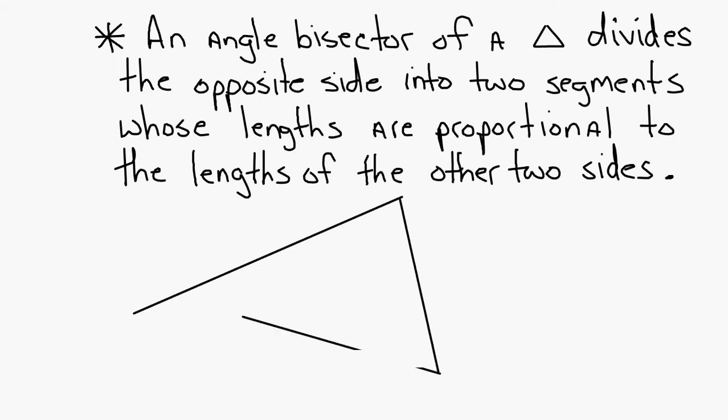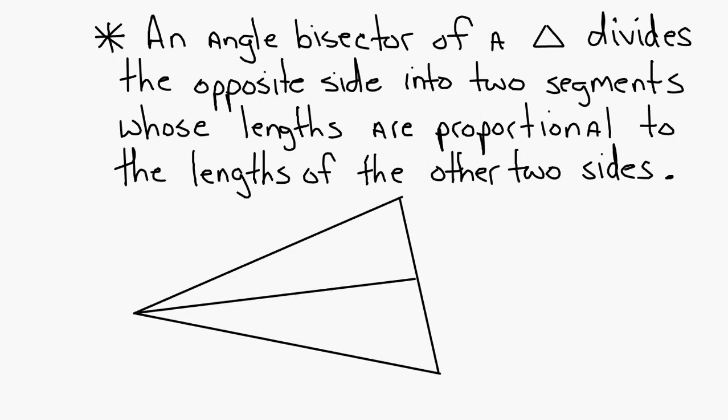So a picture could look like triangle ABC has an angle bisector AD. And it's an angle bisector because AD splits angle A into two congruent angles.